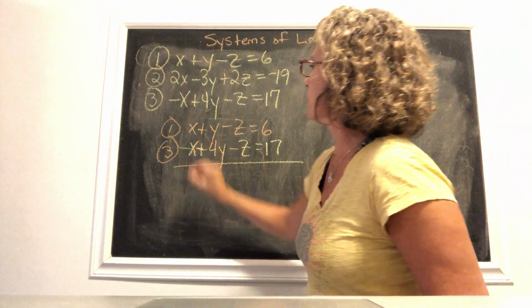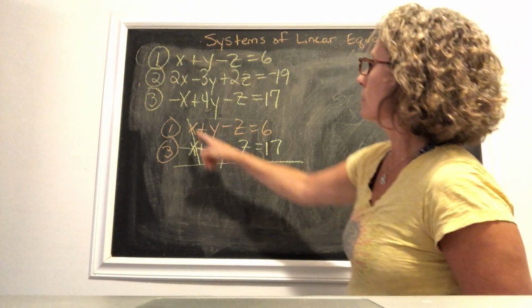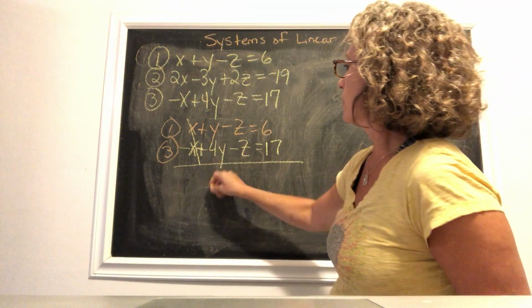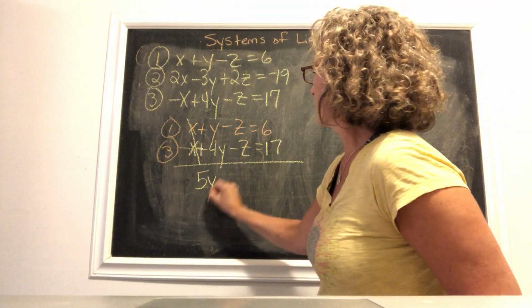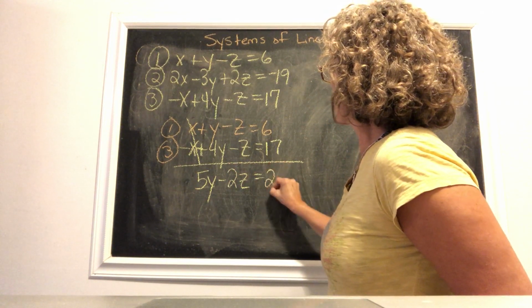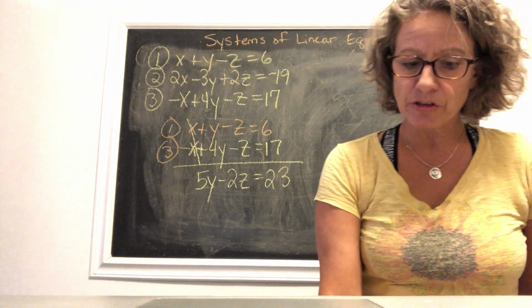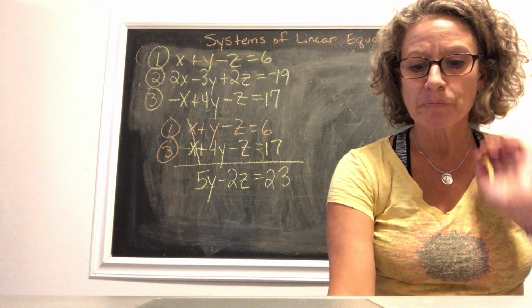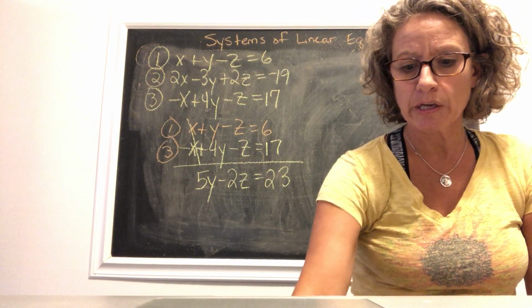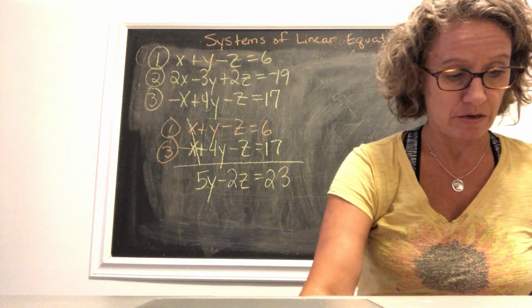And when I add them together, my x's will cancel. x minus x leaves me with a 0x term. That would be a 5y minus a 2z, and that's going to equal 23. Okay, now, since I didn't actually solve for a variable right there, I am going to label this equation A.